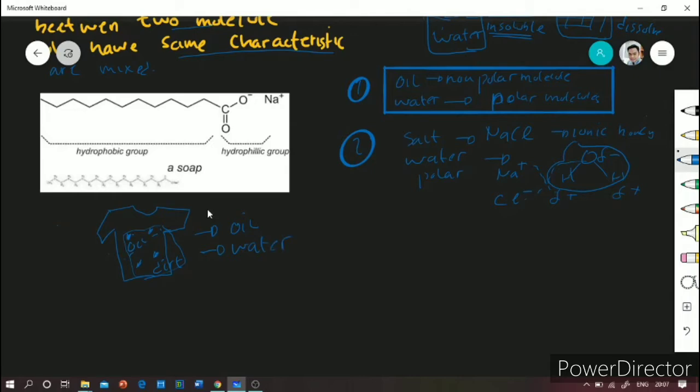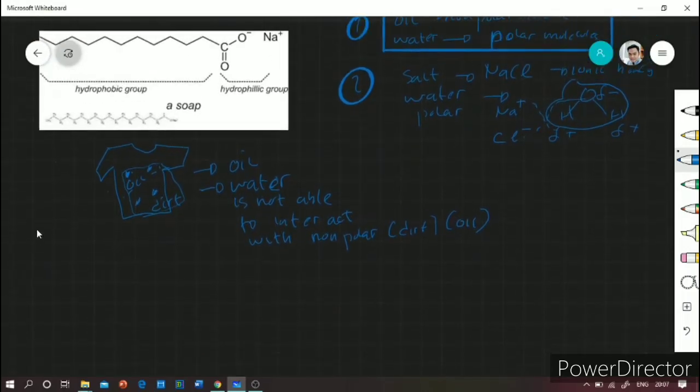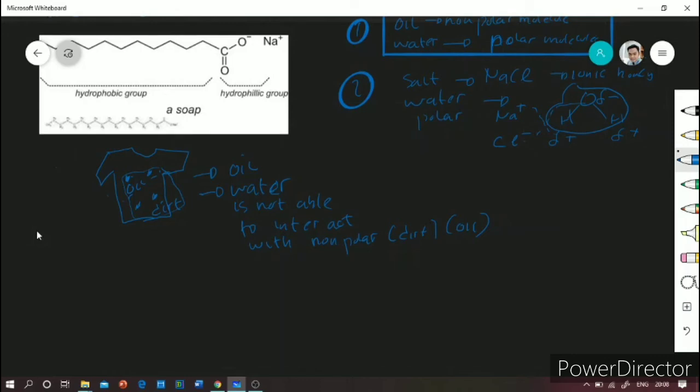But water is not able to interact with non-polar, in this case the dirt and the oil. Water is usually our best shot if we want to clean something, so this is where soap comes in handy.